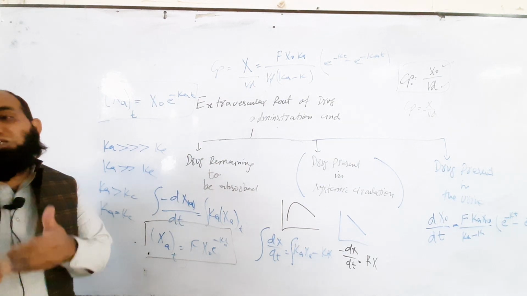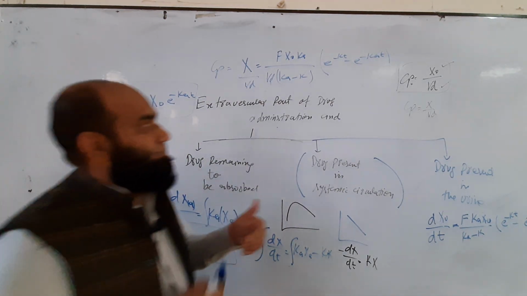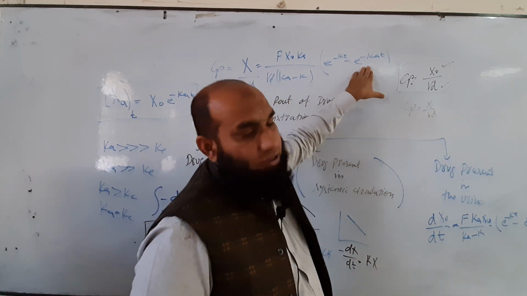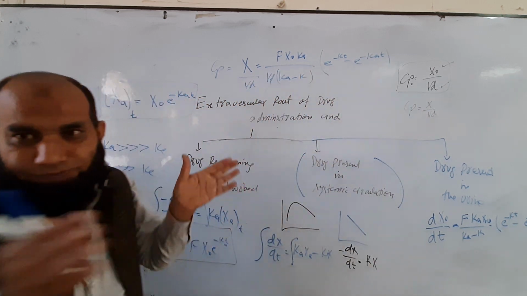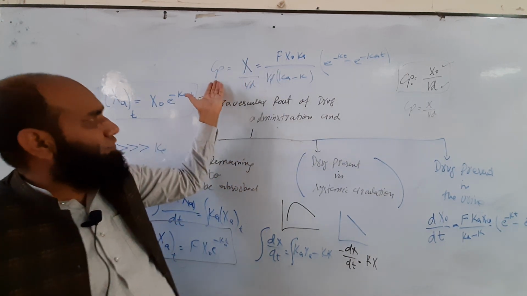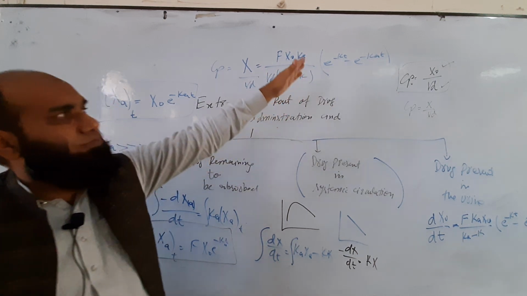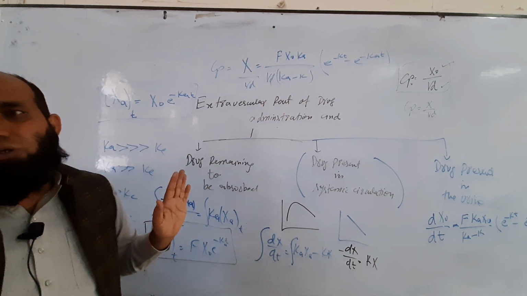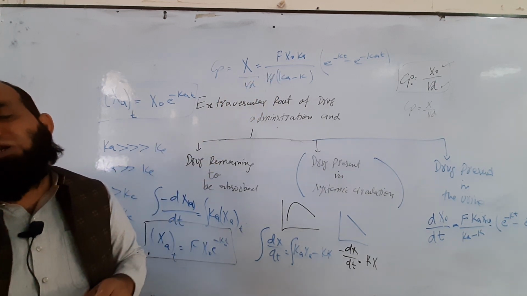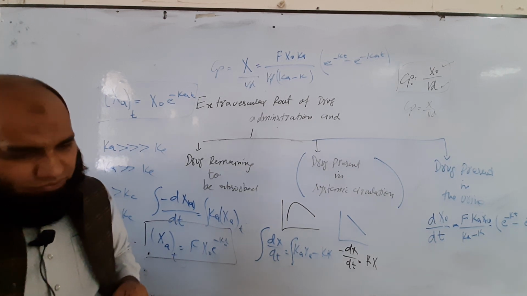Now we can change this equation by removing this factor e to the minus Kat. Now this equation will be squeezed, and we can write Cp is equal to F X naught over Vd, Ka over Ka minus Ke, e to the minus Ke t. Finish. Why are we not getting the other one? Because we are assuming that now Ka is getting less.